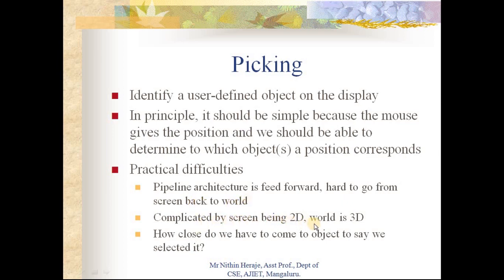It is complicated by the screen being 2D and the world being 3D. So this is one more complication. How close do we have to come to an object to say we selected it? That is one more problem: we are not sure if that object is picked or not. We do not know how close you need to go to pick that object. So that is one more practical difficulty in picking.